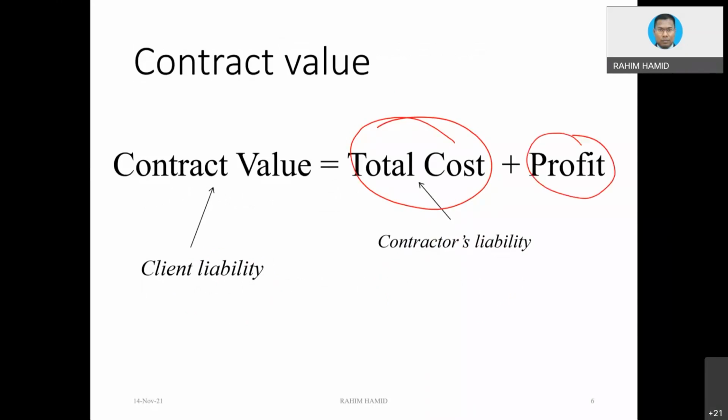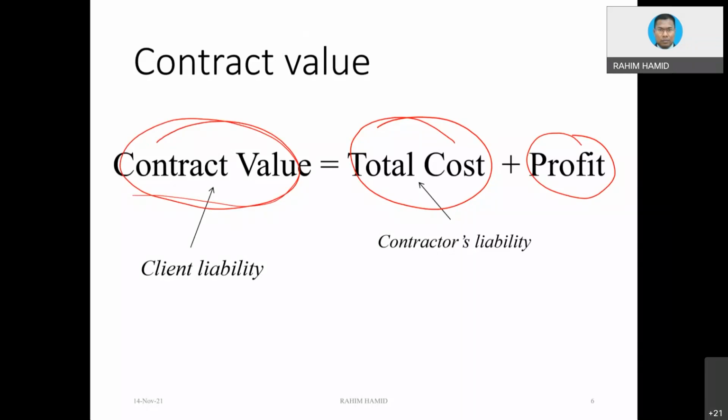So the contract value is the one that the client has to bear. Normally, initially during the tender period, we relate to tender value. But once the winner is awarded a contract, it will turn into contract value.